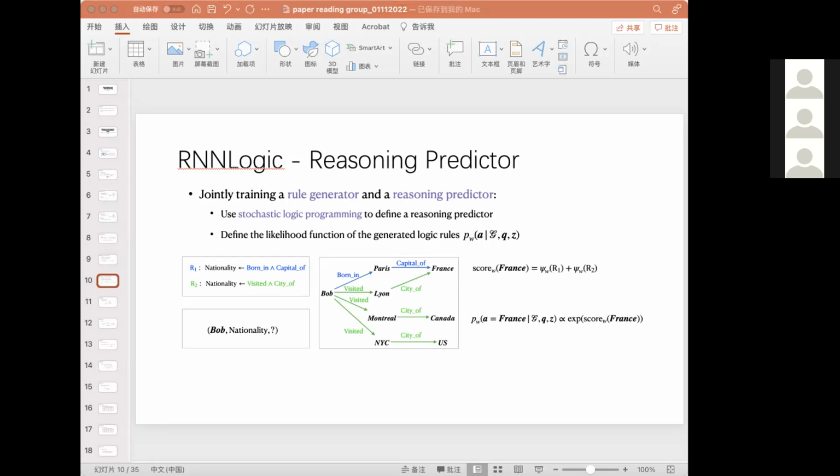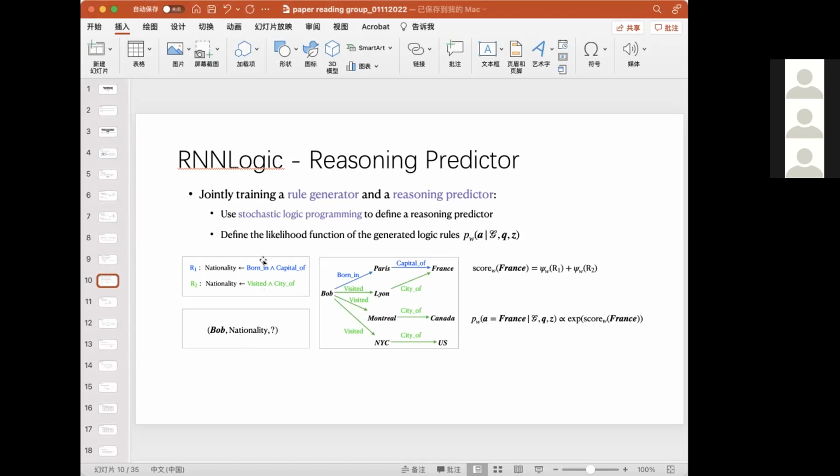The next question is how to leverage these rules to do the reasoning part. The idea here is that we use stochastic logic programming to define the reasoning predictor. We will use another example to show the basic idea.